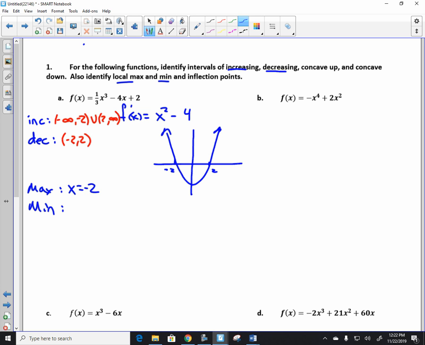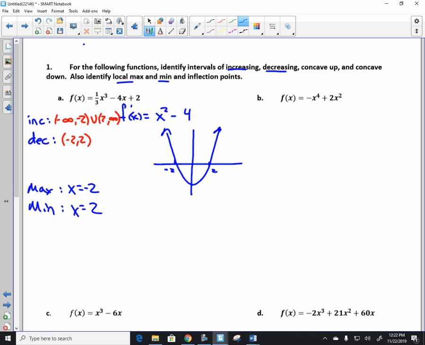Where does it change from negative to positive? At 2, and that's where you would have a min. Nothing different, right? Now you're just applying. You already know how to take the derivatives. You already know how to look at the graph. Now you're applying it to the context of what it means about x cubed.